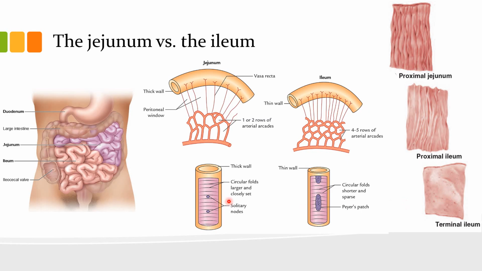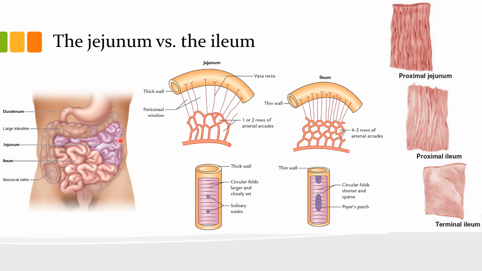And number 2, in the submucosa there is scattered lymphoid tissue. In the jejunum the lymph nodules are scattered, solitary nodes. But in the terminal ileum these lymph nodules aggregate and form patches known as Peyer's patches.